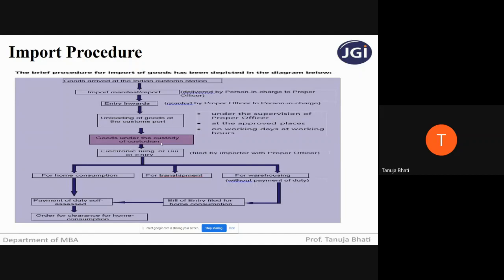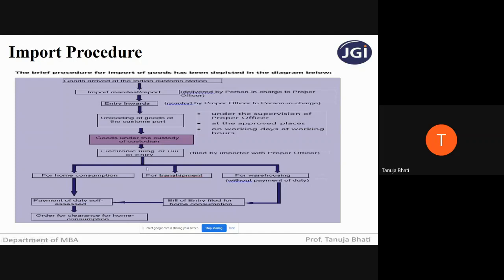There are certain approved places as per the customs where the goods will be unloaded, and those goods will be under the supervision of the custodian until the importer files the bill of entry. Custodian means a supervisor who takes care of the goods unless and until the bill of entry is filed by the importer.